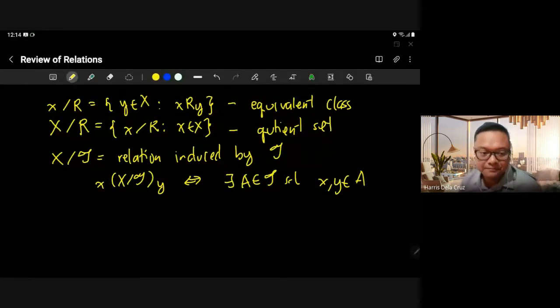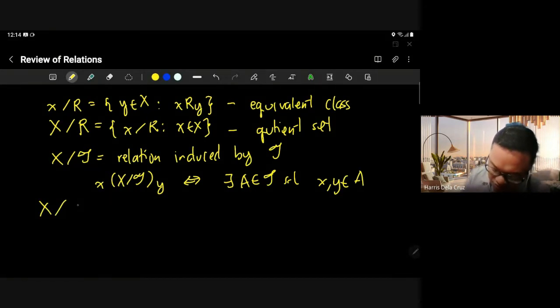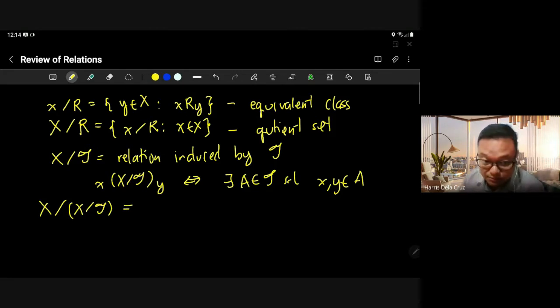Yan. Now, yun namang X over this induced relation, so this X over T, is simply T. Pero this is the quotient set.